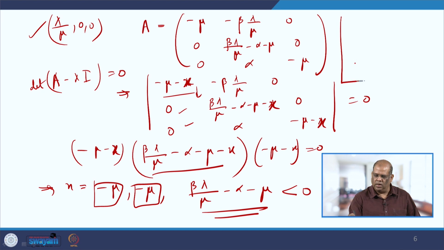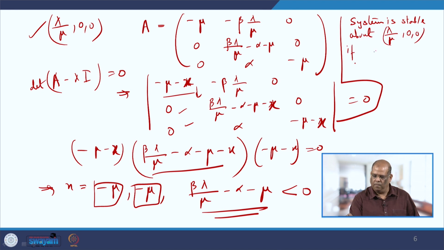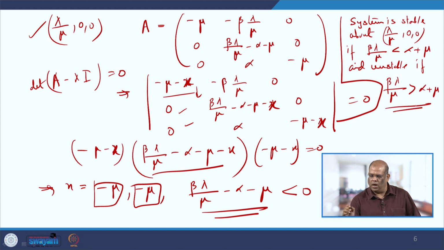So, the conclusion is that the system is stable about lambda by mu, 0, 0 if beta lambda by mu is less than alpha plus mu, and unstable if beta lambda by mu is greater than alpha plus mu. So, this is the condition which needs to be satisfied for the system to be stable and for the system to be unstable.